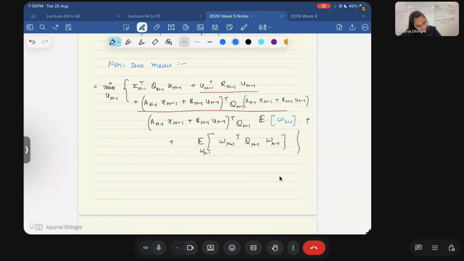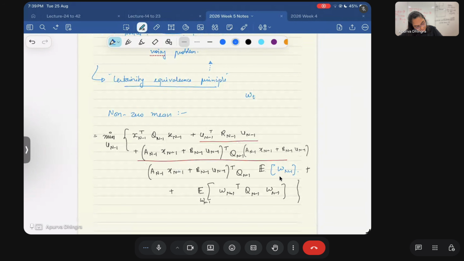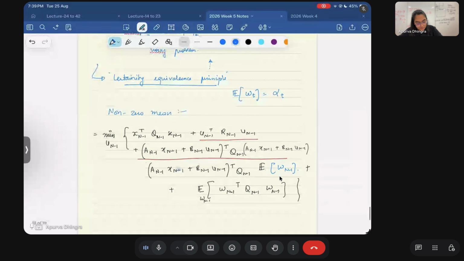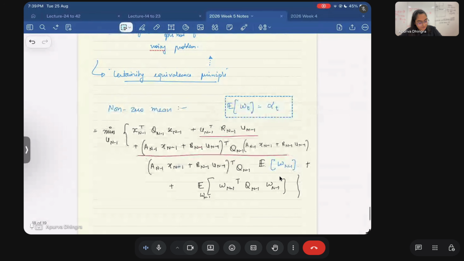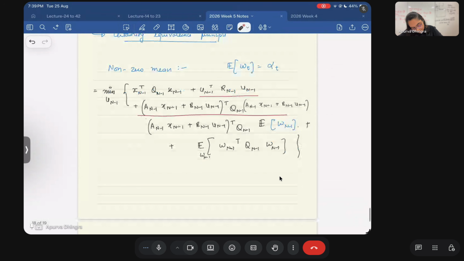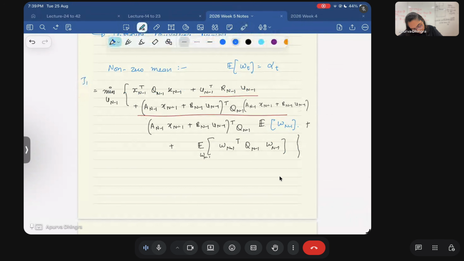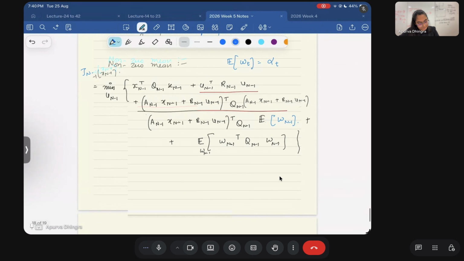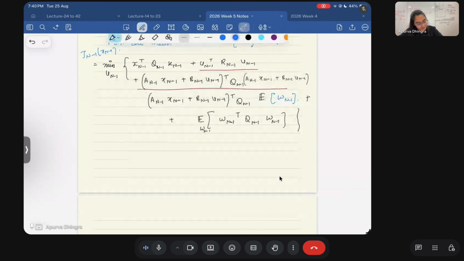Let me say the mean is some alpha. Okay, some alpha, I don't know what it is. Let's say that's the problem. The mean shifts with every time step. Let there be some shift, but it's just some number, some sequence is what we're getting here. Okay, then this was the problem we were solving, right? This was Jn minus 1 of xn minus 1. Then this term does not become 0.